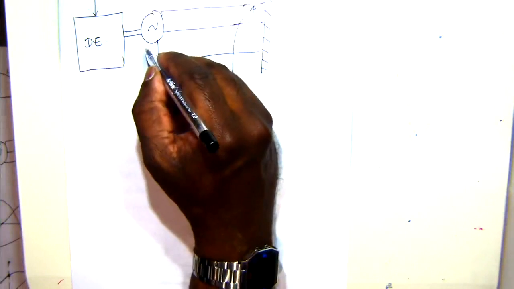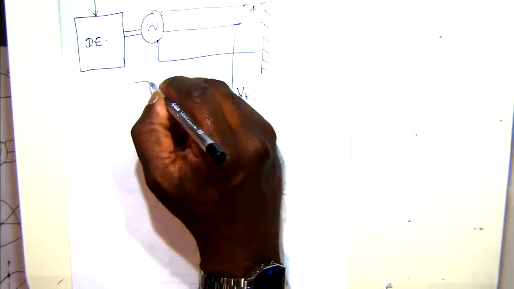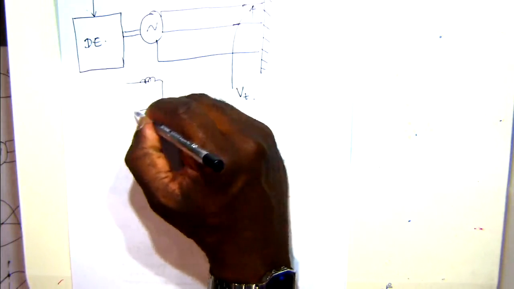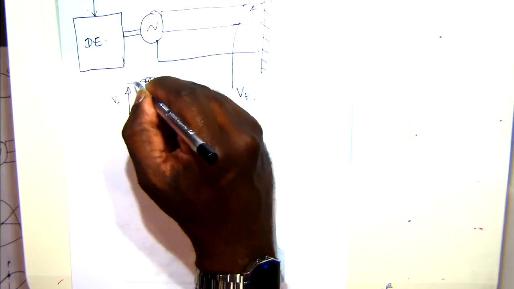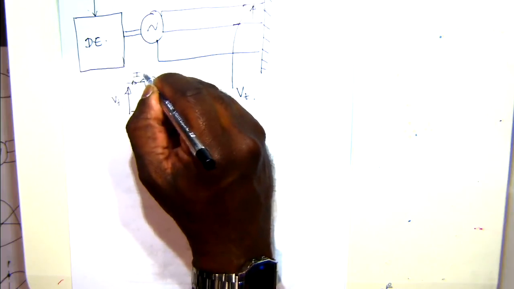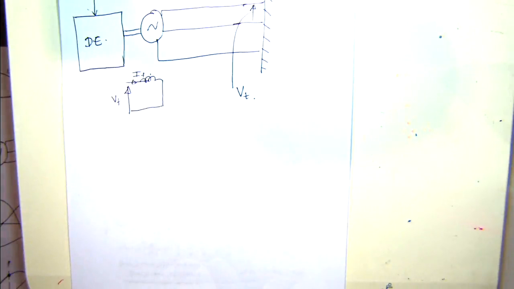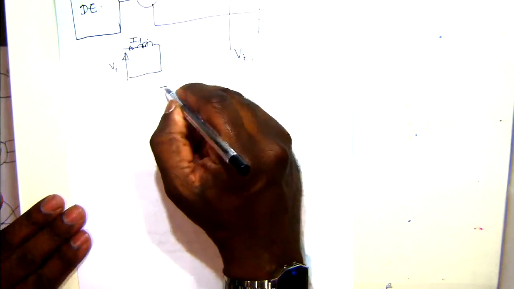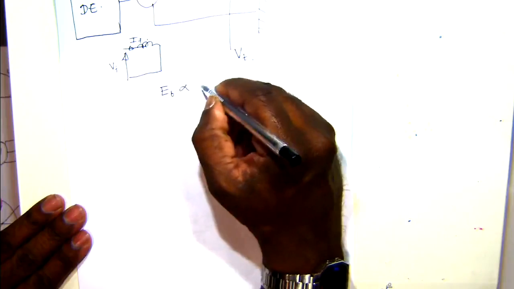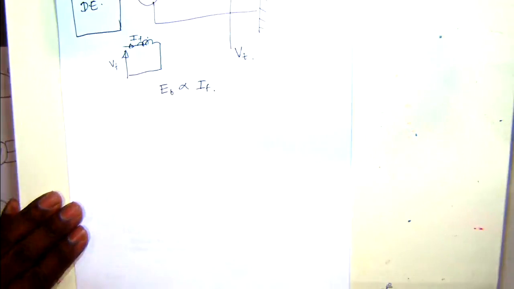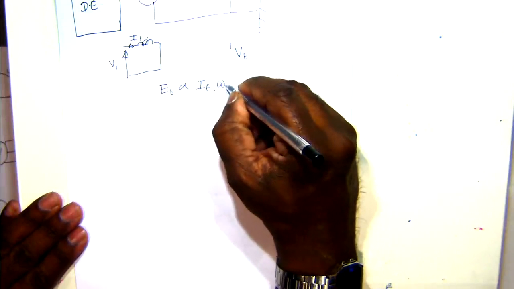The synchronous generator also has a field circuit, and it has a field voltage and field current, VF and IF. As you remember, the back EMF or the excitation voltage is proportional to the field current. So you can control the excitation voltage of the synchronous generator. That is, E is proportional to IF, the field current, and the shaft speed, rotor speed.